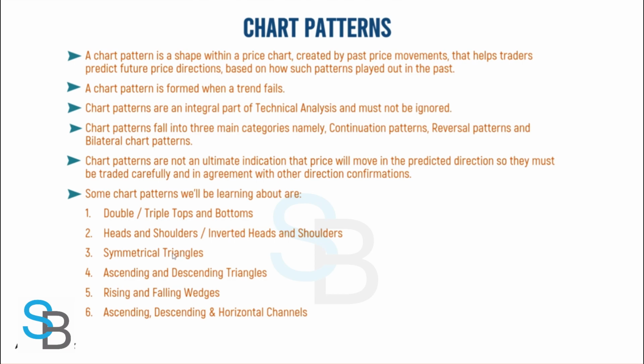We also will be looking at ascending and descending triangles, and then rising and falling wedges. Finally, we'll be looking at ascending, descending, and horizontal channels. So these are the 6 categories of chart patterns we'll be looking at in this course.